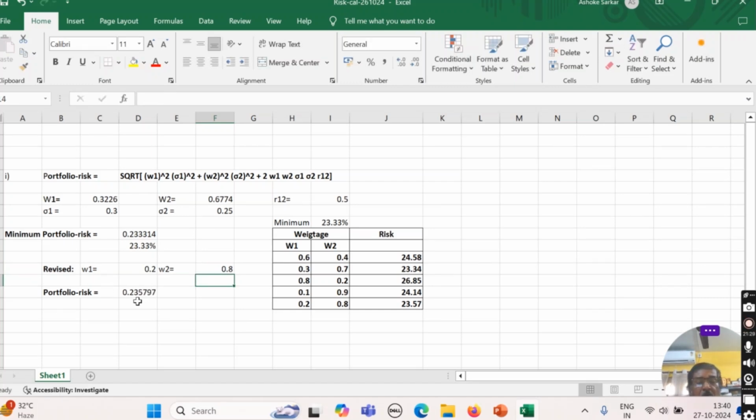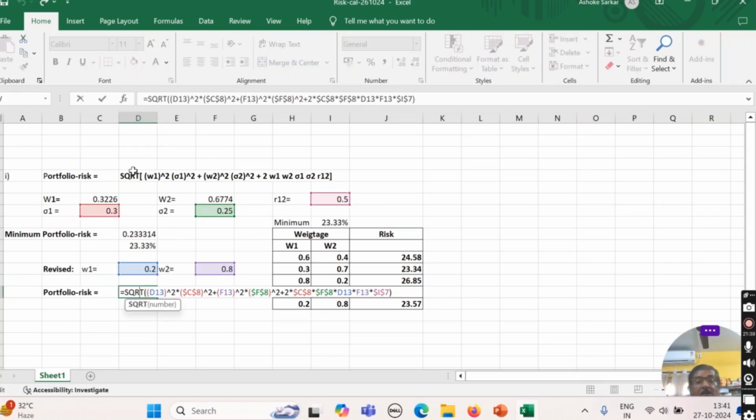The risk has come 23.57. You need not calculate in detail because the formula I have already set here. This is the exact formula I have set. Only the proportions W1 and W2 I am changing, and instantly you will get the risk value.